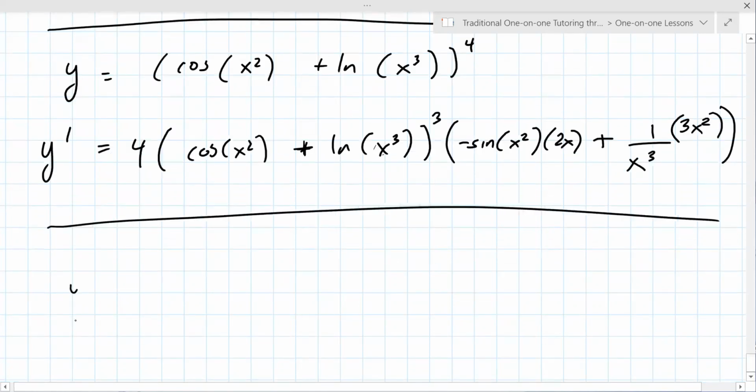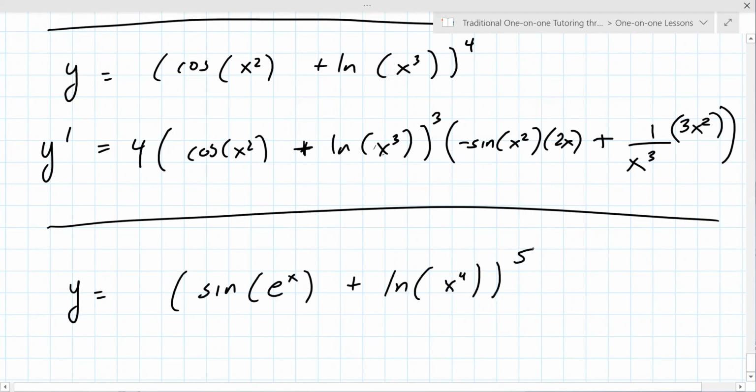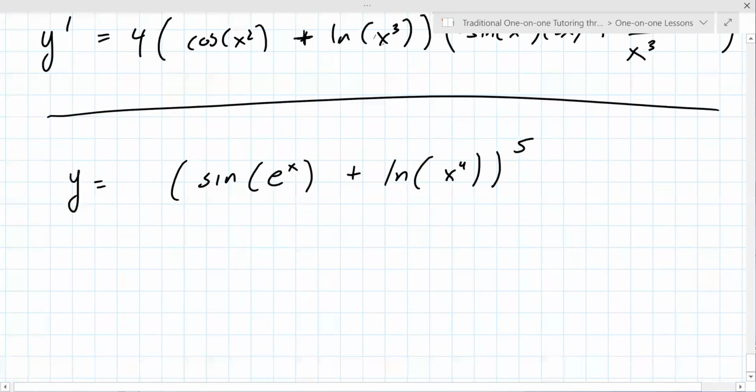Try another one here. Y equals sine. So there's nothing new here. Well, there is. It's a continuation of the last problem. So sine of natural log of x to the 4th, all to the 5th power. So what is your derivative here? You start with power rule.